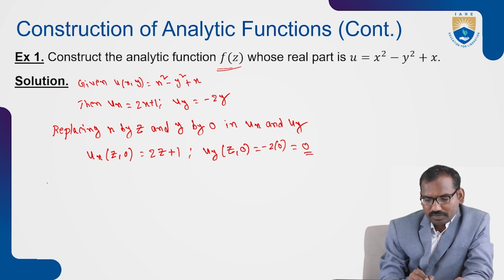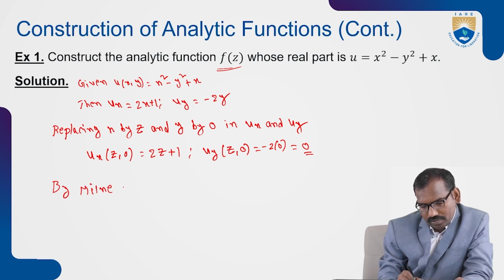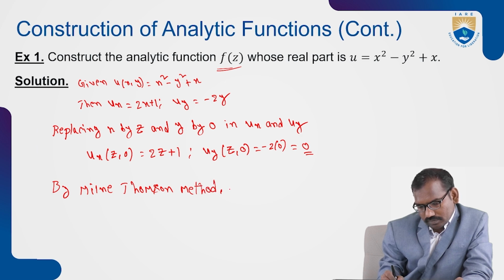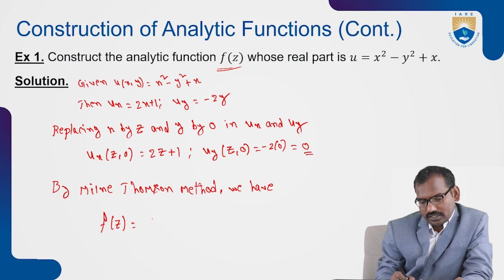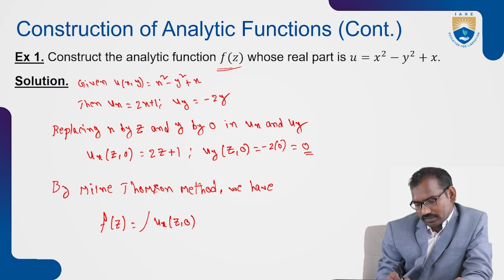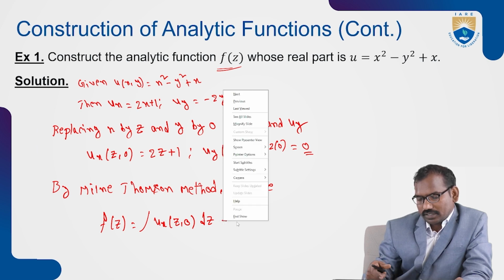These are the terms we have. So we are going to apply the Milne-Thomson method, where we can write f of z as the integration of the partial derivative of u with respect to x at z comma 0, which we already calculated, dz. Next formula. Remember the formula.